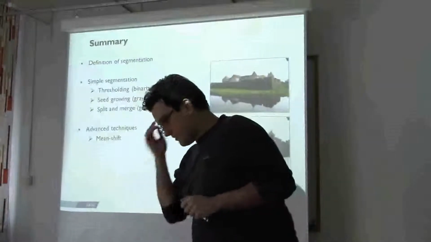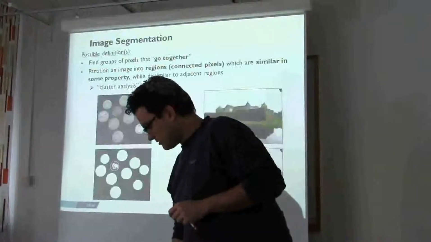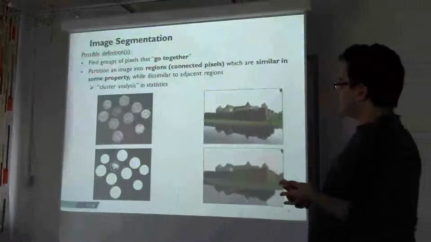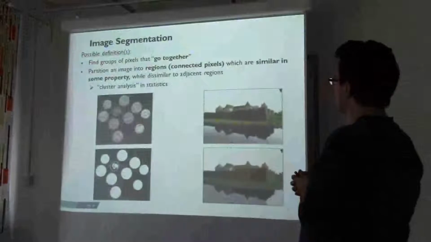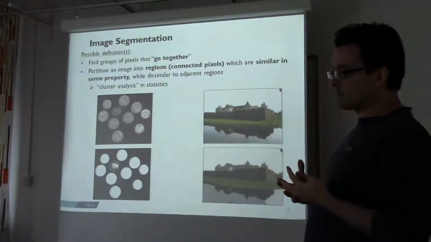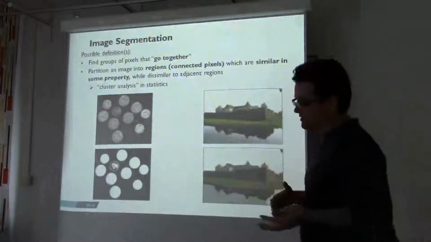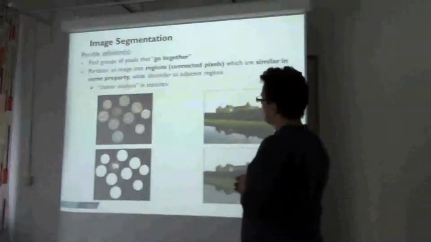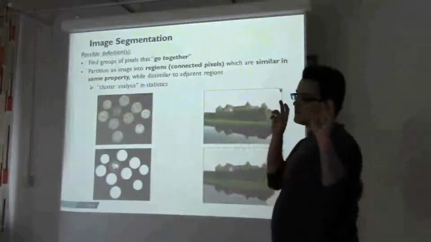So first we are going to define segmentation formally, and then we are going to present some techniques. Segmentation is to find groups of pixels that go together in some way, that is, that they have some common properties. And at the same time, they are dissimilar to other regions in some way. So we need some kind of similarity property. This is like cluster analysis.